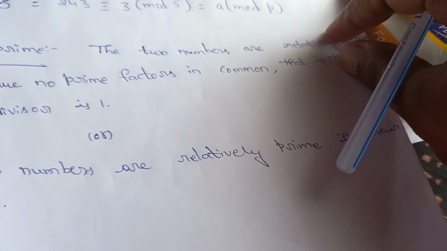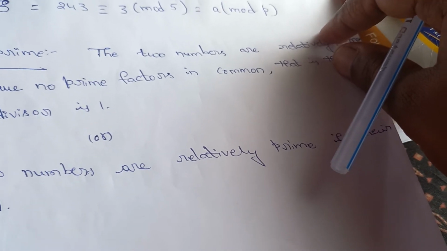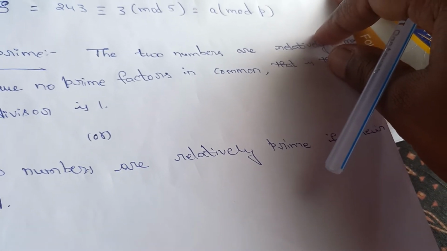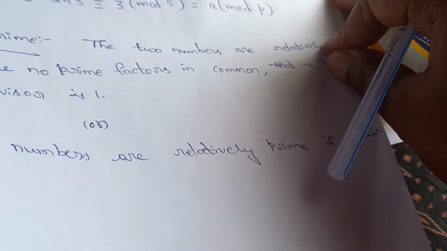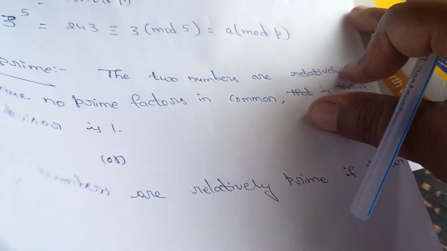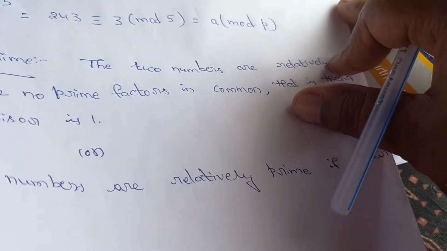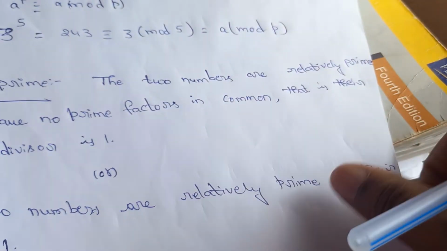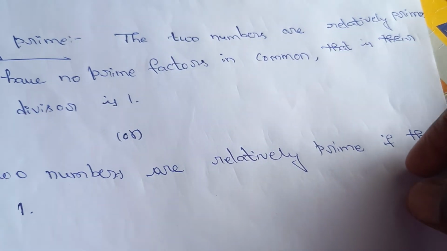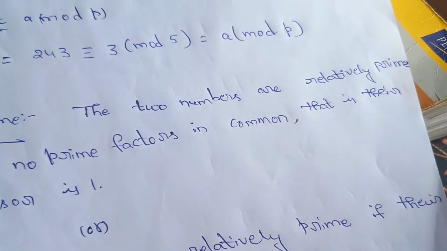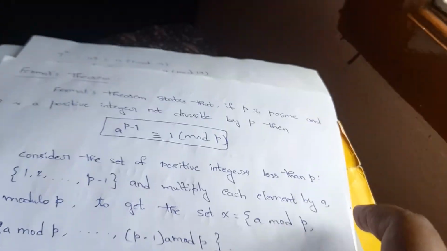For 13, there are 1 and 13 only. So the common factor is 1 only. GCD of 8 comma 13 is 1 only, so we can say both 8 and 13 are relatively prime. Next, come back to Fermat's theorem.